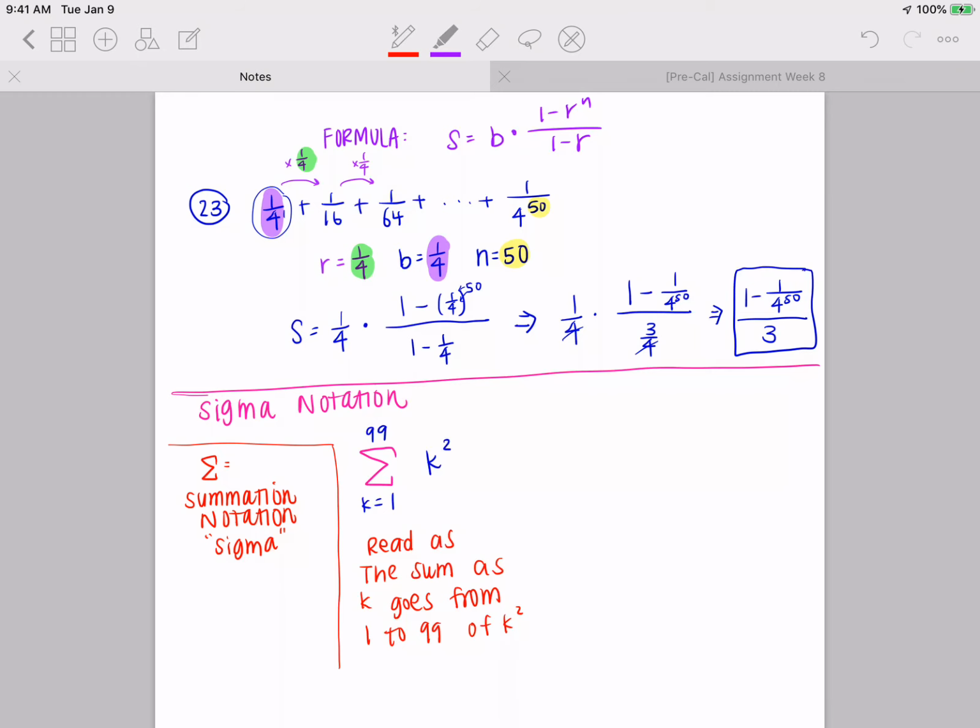The bottom number is the first number that we're going to plug in, and the top is the last number we're going to plug in, finding the sum of the whole thing. So it equals: put 1 into k, it'll be 1 squared plus 2 squared plus 3 squared plus dot dot dot all the way to 98 squared plus 99 squared. And you stop right there. From there, you find your sum and go on.